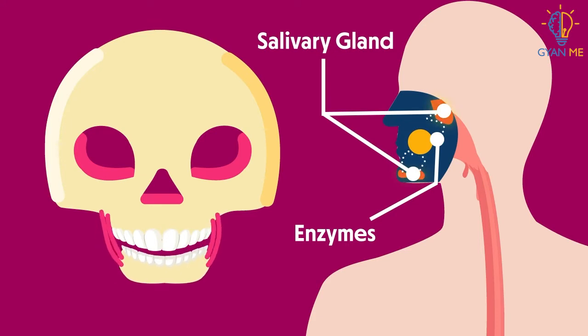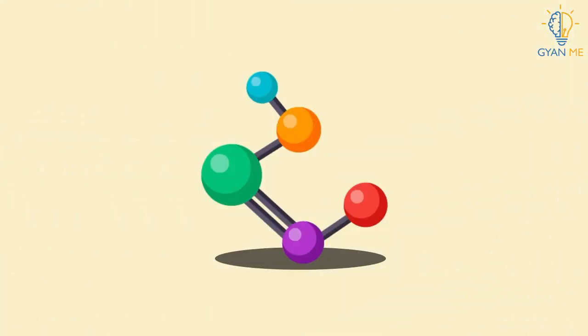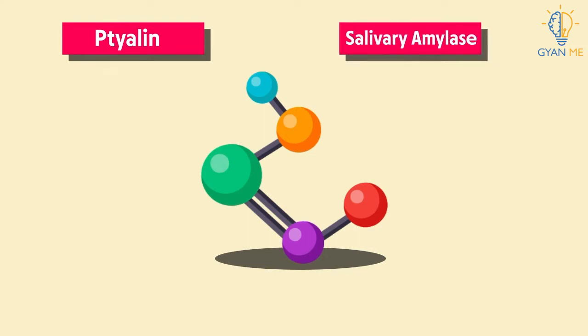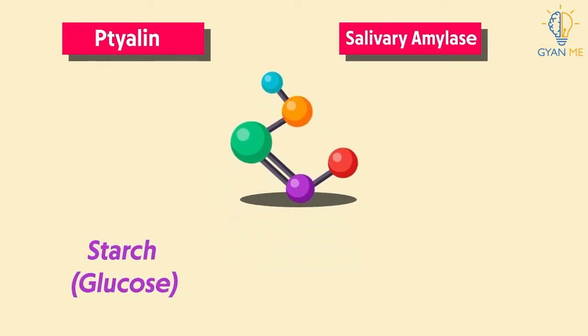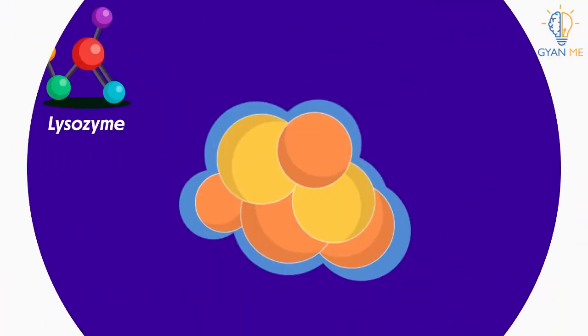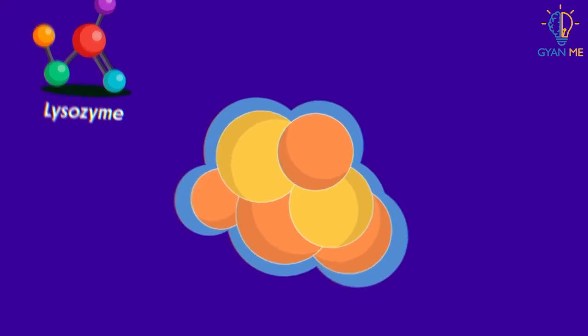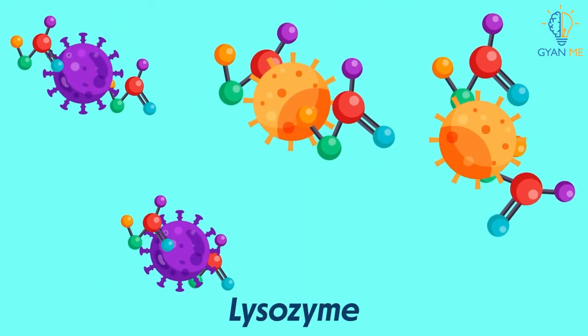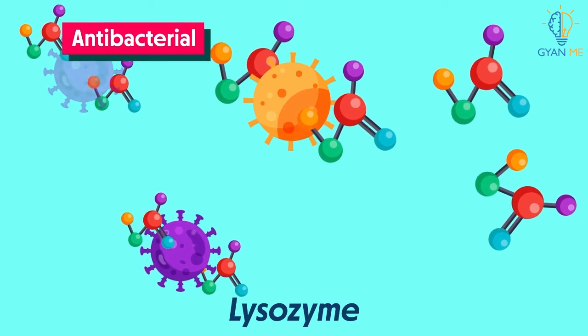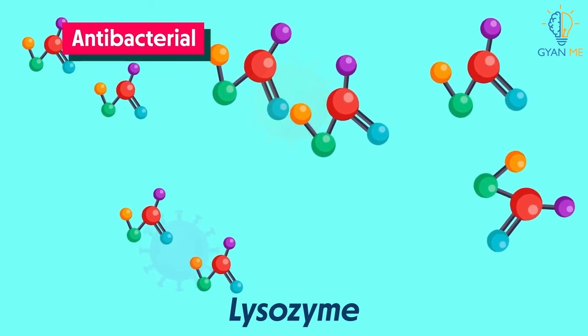The most important enzyme of saliva is ptyalin, also called salivary amylase, which converts the starch in our food into maltose. Another enzyme called lysozyme is also present in saliva. It acts as an antibacterial agent that kills bacteria.